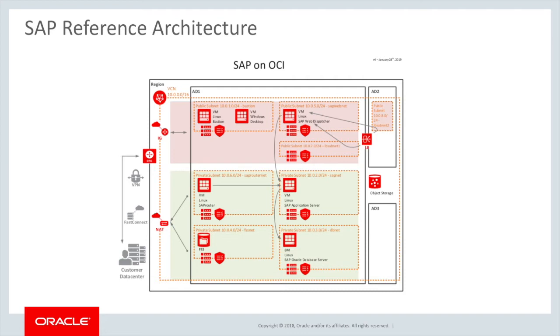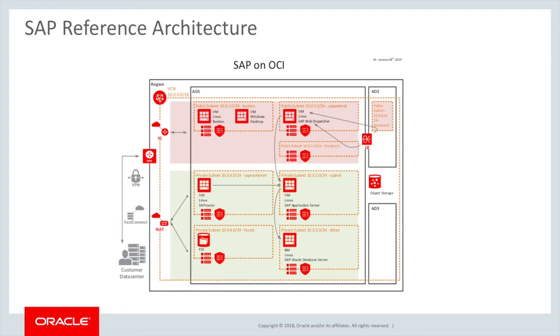This is a simple SAP reference architecture. This architecture is designed to deploy an SAP application in a single availability domain of Oracle Cloud Infrastructure. This architecture shows the bastion host and the SAP Web Dispatcher configured with a public subnet, whereas the SAP App Tier, App Server, SAP Database Server, file shared storage, and SAP Router are configured with the private subnet.